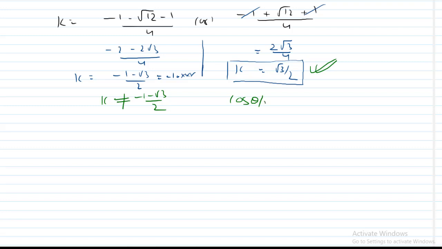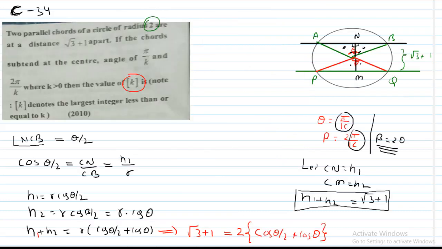K means what? Cos(θ/2). Cos(θ/2) equals √3/2, so θ/2 is 30 degrees, or θ is 60 degrees, which is π/3 radians.